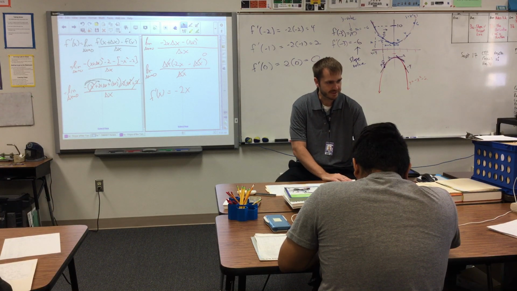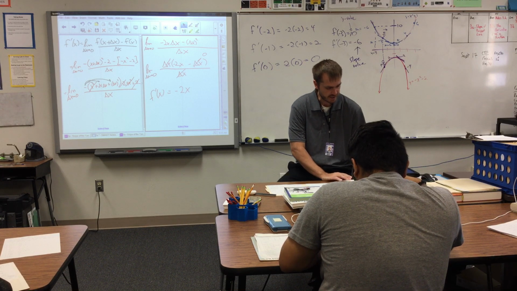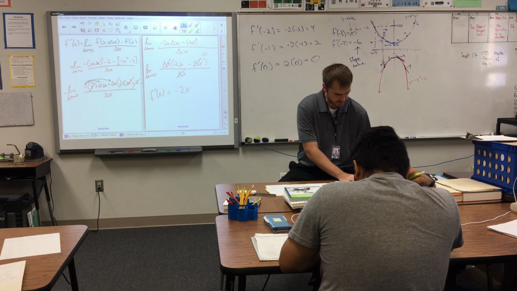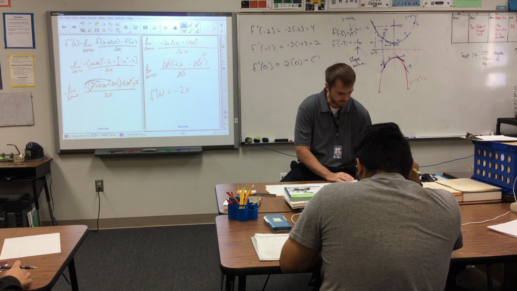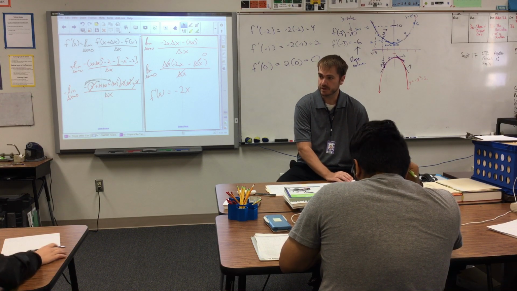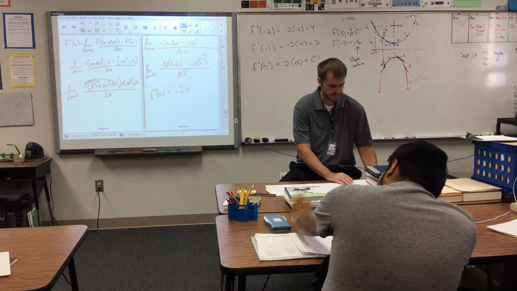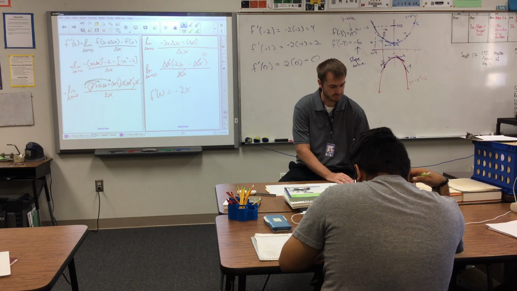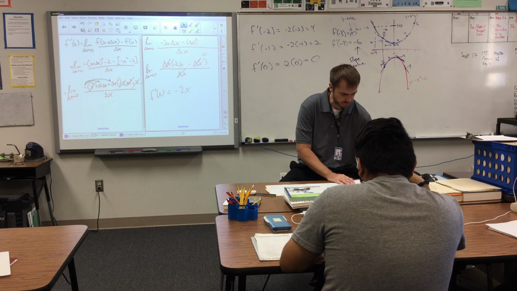Rosa, which one would you like? Rosa wants 4, and one more, 5. She's going to do 4 and 5. Hector, which one would you like? 1 and 2. Chloe, which one would you like?